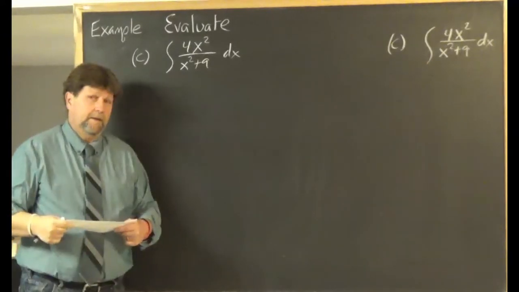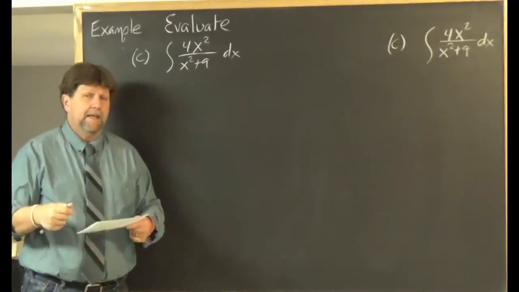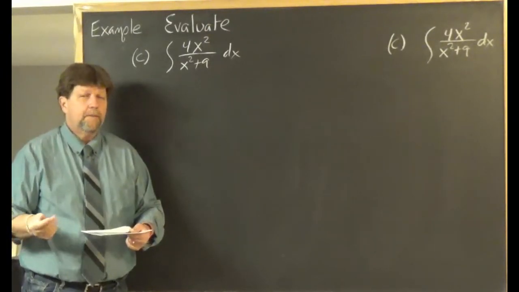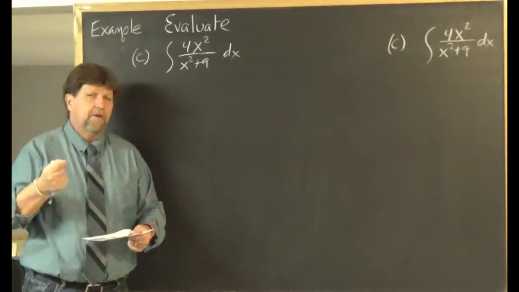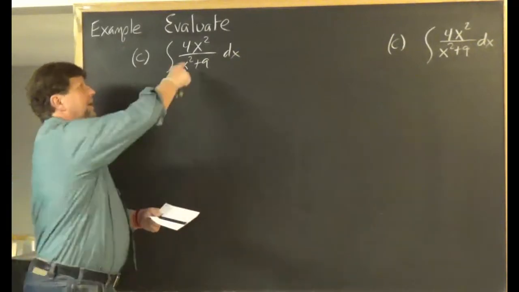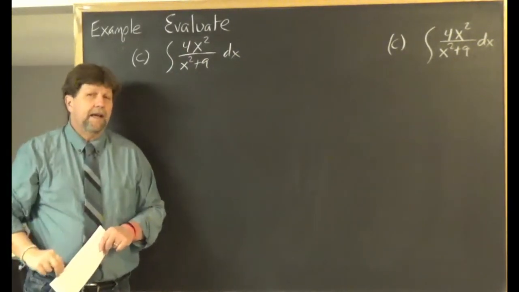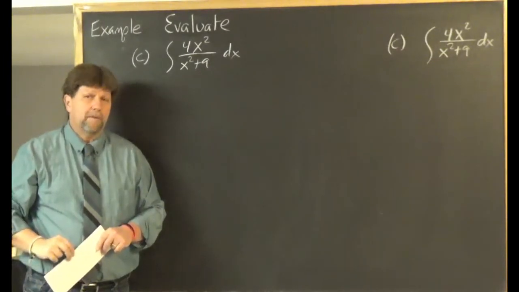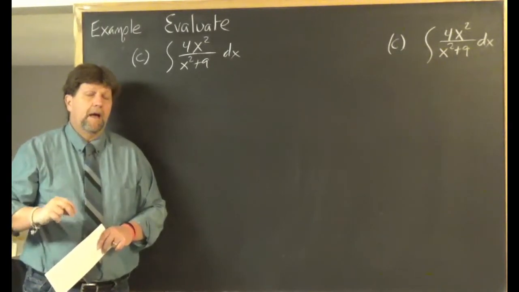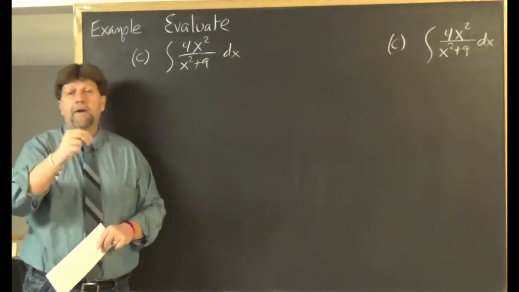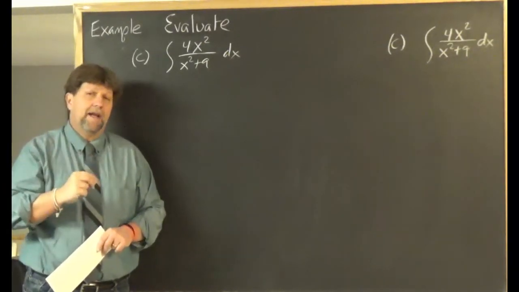Well, this is a trick you might have seen in Calculus 1, and it's just a trick. My integrand is a rational function, 4x squared over x squared plus 9. Technically, I consider it to be improper. It's improper because the degree of the numerator is greater than or equal to the degree of the denominator.